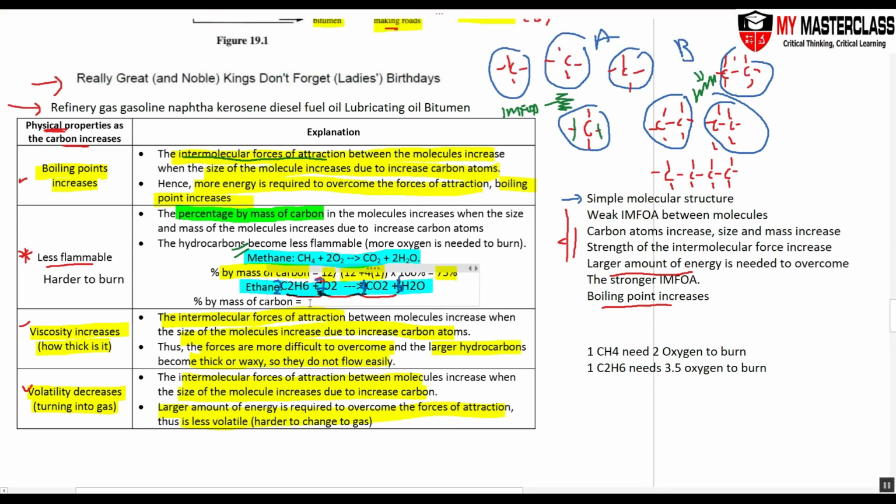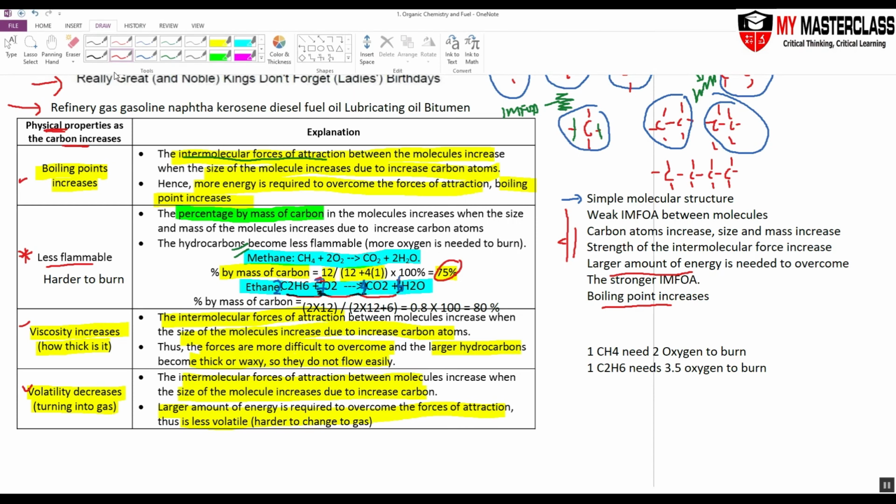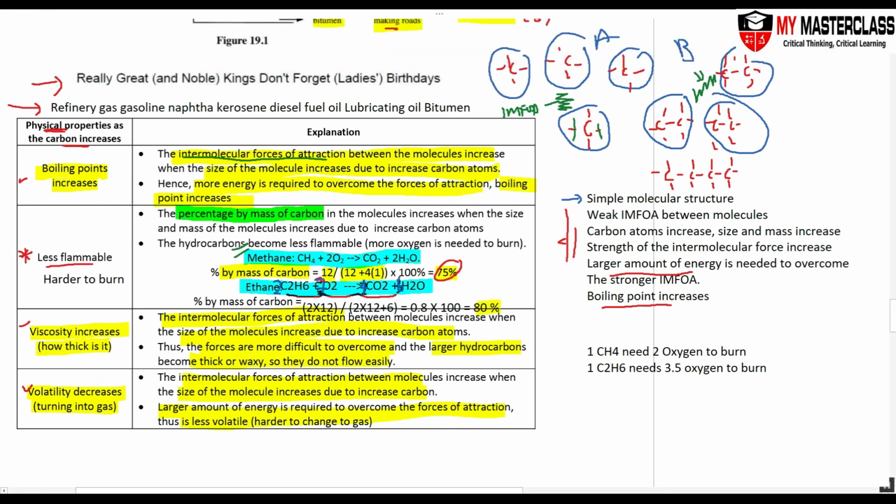Same thing, let's count the percentage by mass of carbon. This one has 2 carbons, so 2 times 12, divided by the whole molecule's mass, so 2 times 12 plus 6, because there are 6 hydrogens. Times 100, that's 80%. That's my percentage. Looking at these two values, I have 75% over here, the percentage by mass of carbon in methane, and the percentage by mass of carbon in ethane is 80%.